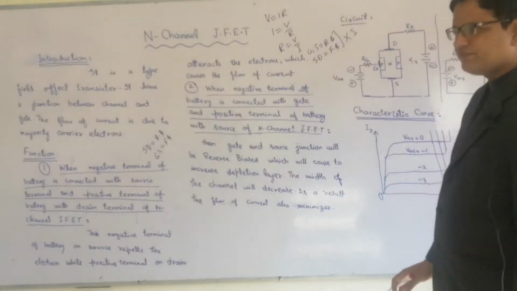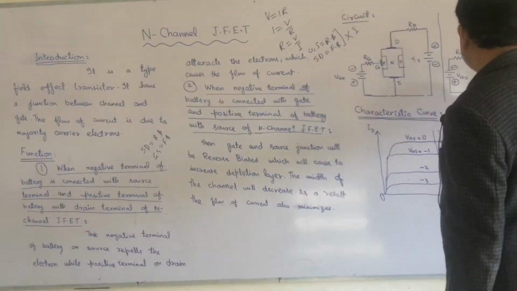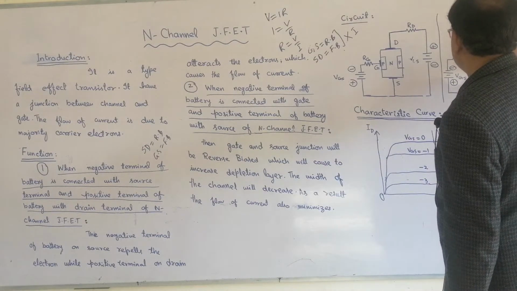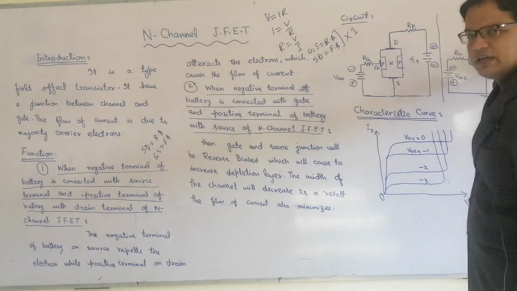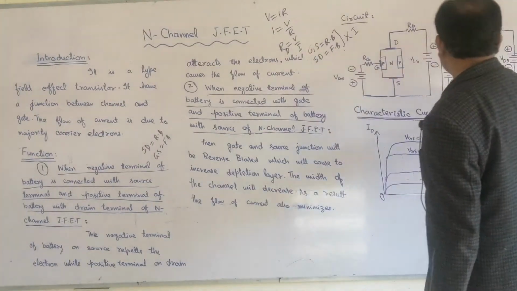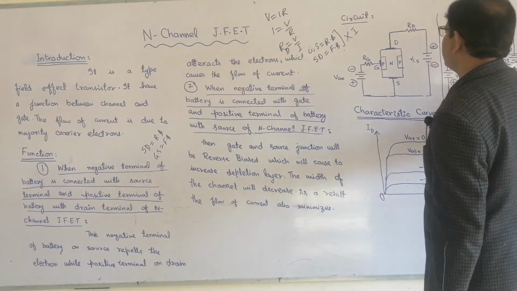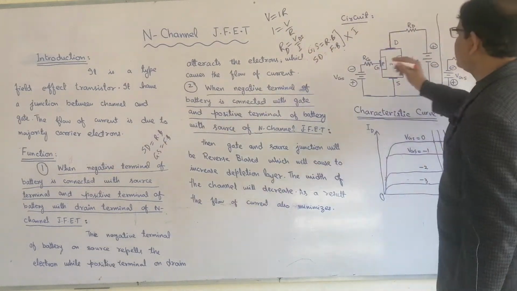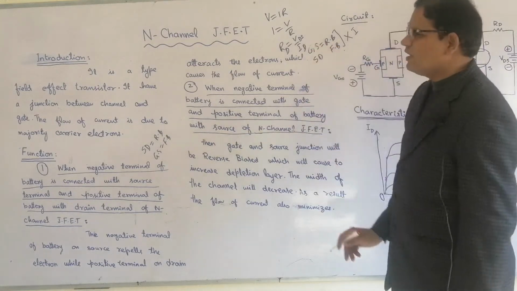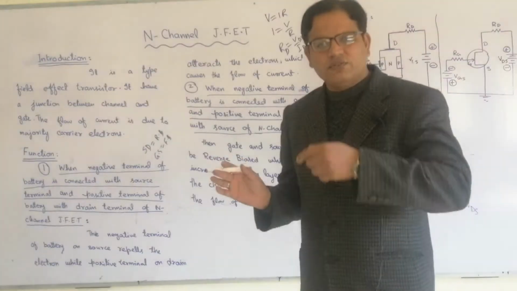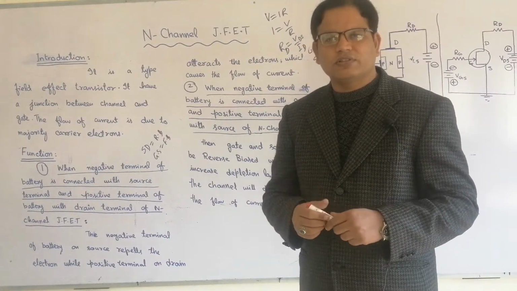Simple. So what we have here is the drain resistance, which we denote RD. RD is equal to the output voltage, VDS, divided by the current, ID, giving the total output resistance.